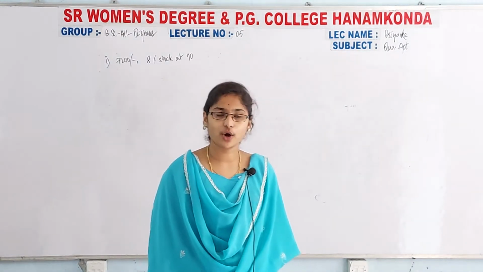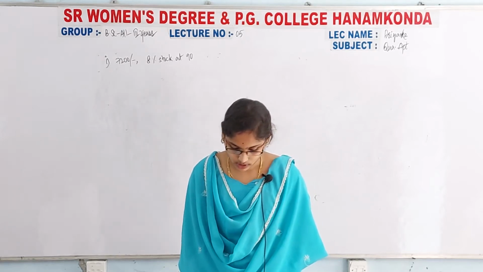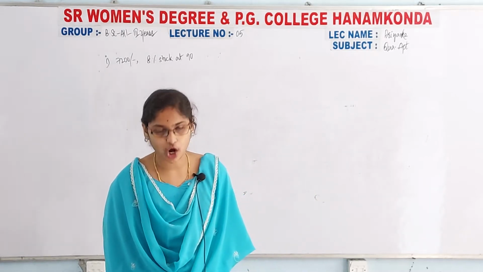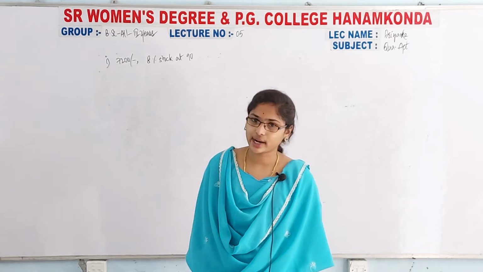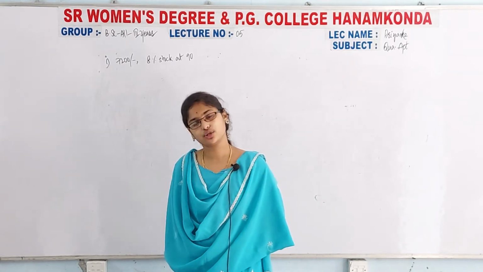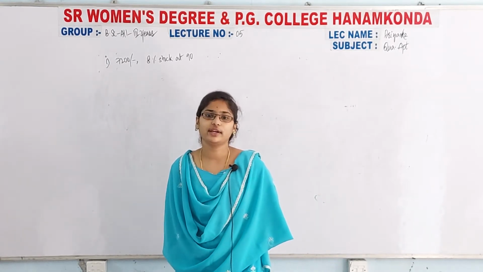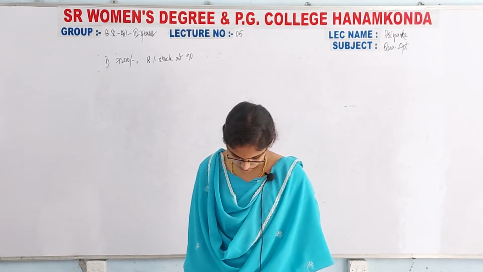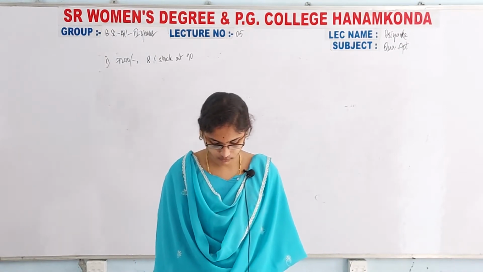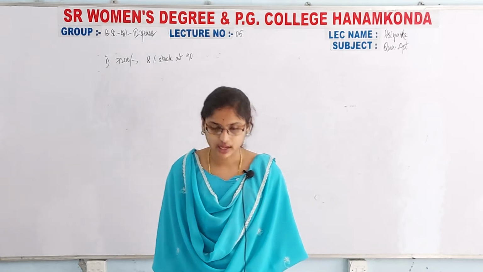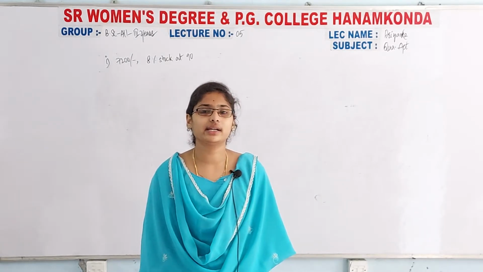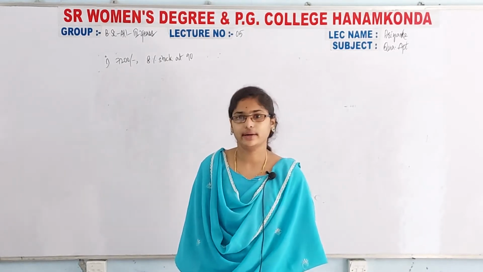Next, cost of amount is 6,400 and stock is equal to 85 by 100 into 6,400. 2 zeros get cancelled. 85 into 64 equal to 5,440. Okay. So every time you have to calculate the stock for 100 rupees.